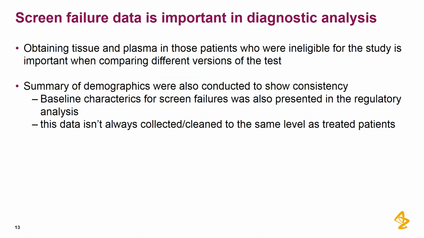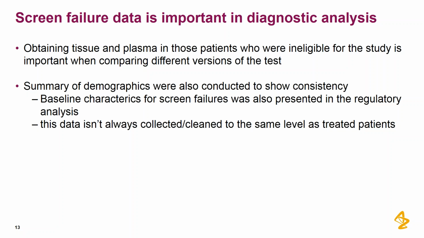So you would have seen that when we looked at that concordance, they were on all screened patients. And so again, it's just important to consider when designing the study and when setting up the protocol of achieving that data, ideally in those screening patients. We also did have to look for the submission at the summary of demographics, and those were also shown to show consistency.